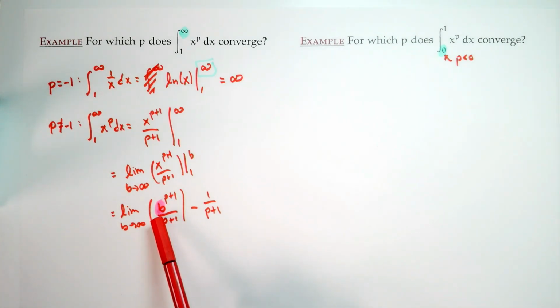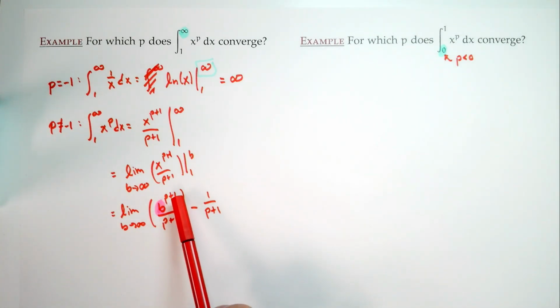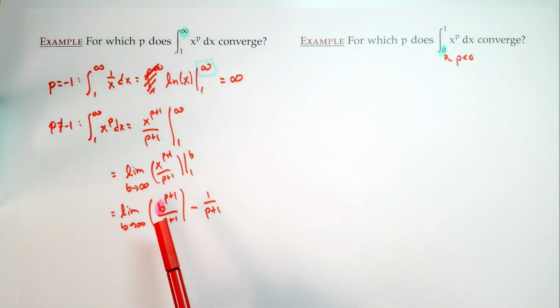If I have a number raised to a positive power, that's going to get larger and larger and larger. If I have a number raised to a negative power, it'll get larger and larger, but like 1 over a large number. So actually, the net effect is smaller.